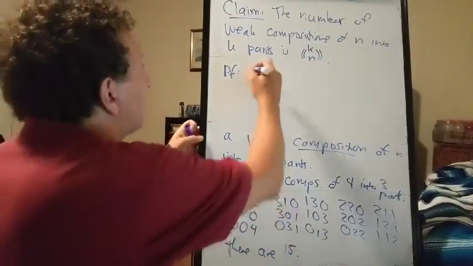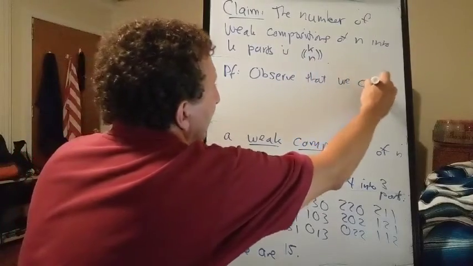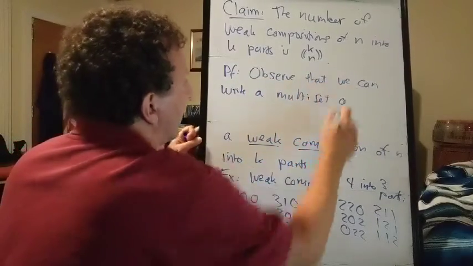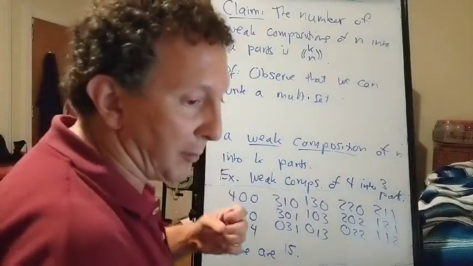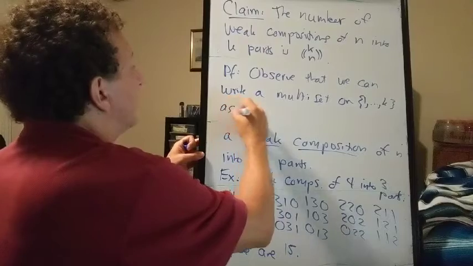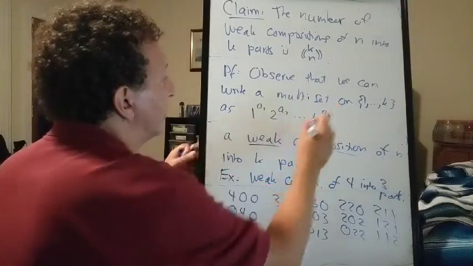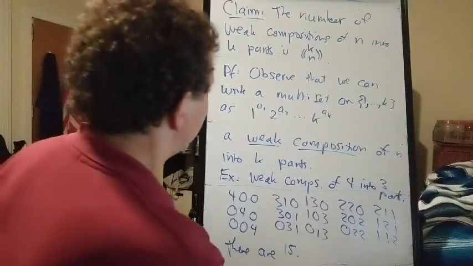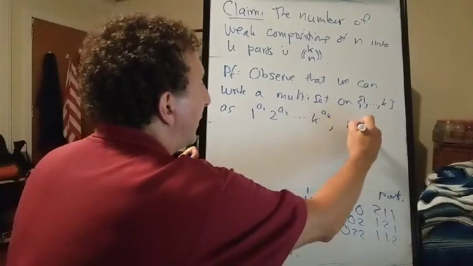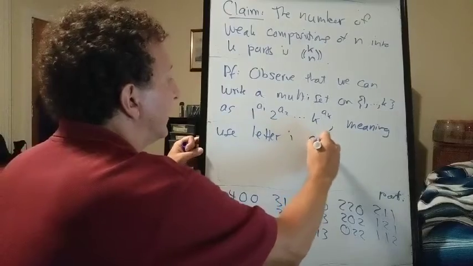So to prove this, observe that we can write a multiset on 1 through k as 1 to the a1, 2 to the a2, etc. up to k to the ak, where this means that we use letter i ai times.